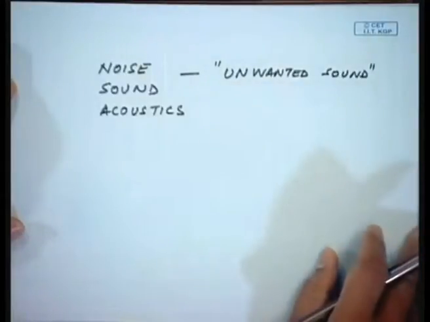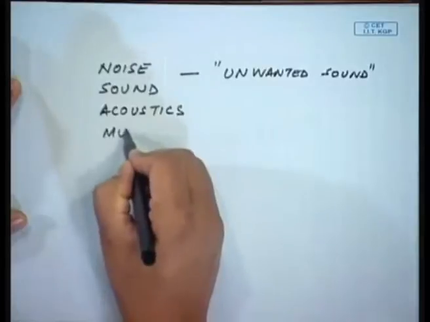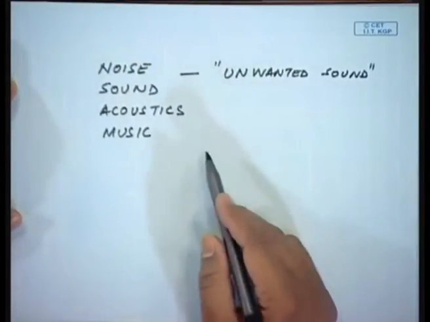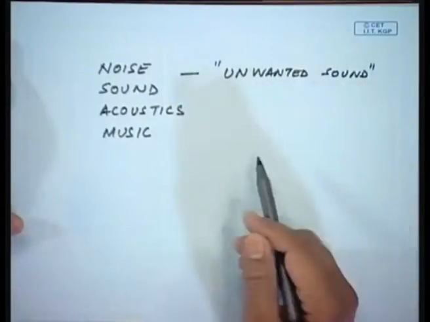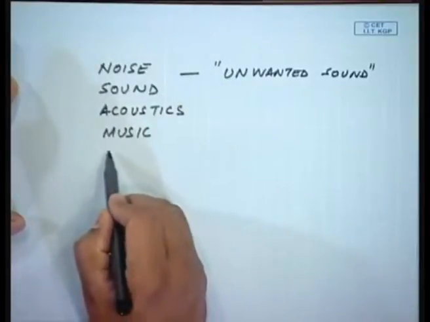They say music, what is music then? Music is a sound which you appreciate, noise is a sound which you do not appreciate. Okay. So, this is related to the sensation of hearing.